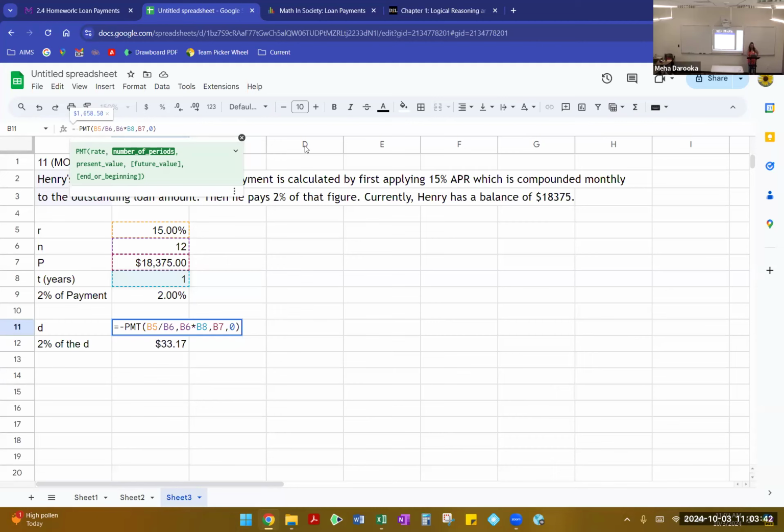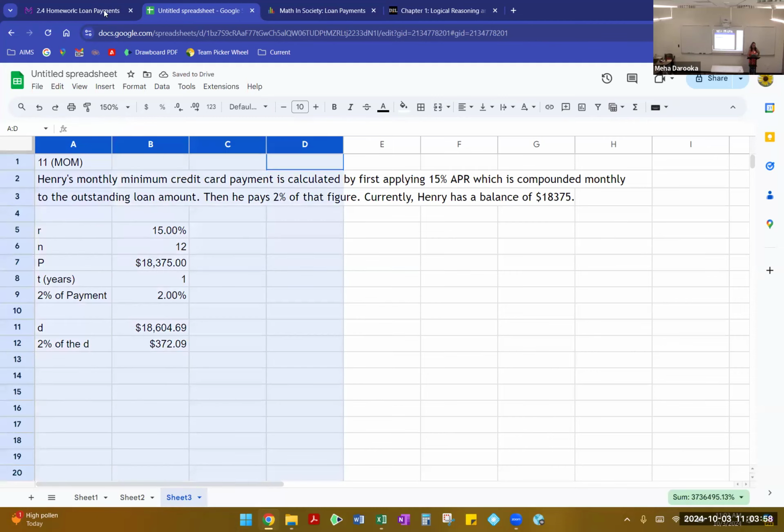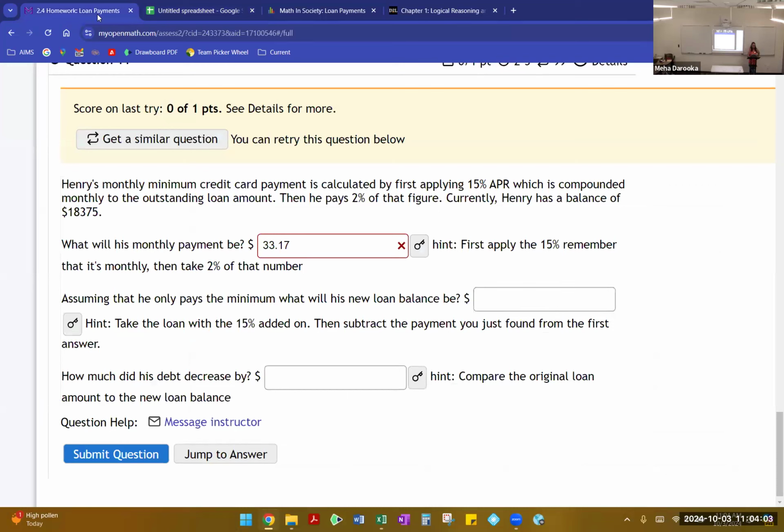I'm kind of thinking, what if we had to do this only for 1 month? Like make that N times T value just 1. We can try, right? And if it's wrong, it's wrong. Payment. Because nobody can afford paying $372.